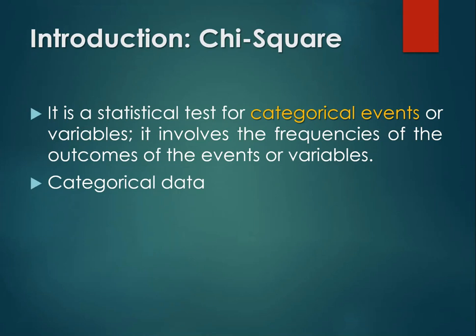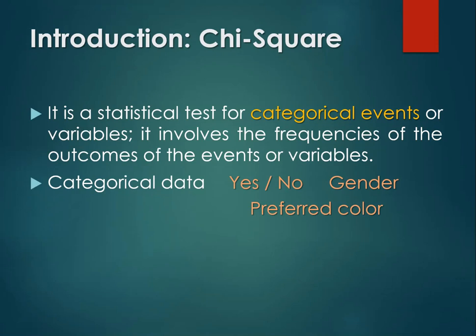Chi-square is a statistical test for categorical events or variables. It involves the frequencies of the outcomes of the events or variables. So what are categorical data? Examples of categorical data are those data that can be discretely identified. For example, yes or no, the value of your gender, male or female, or your preferred color.